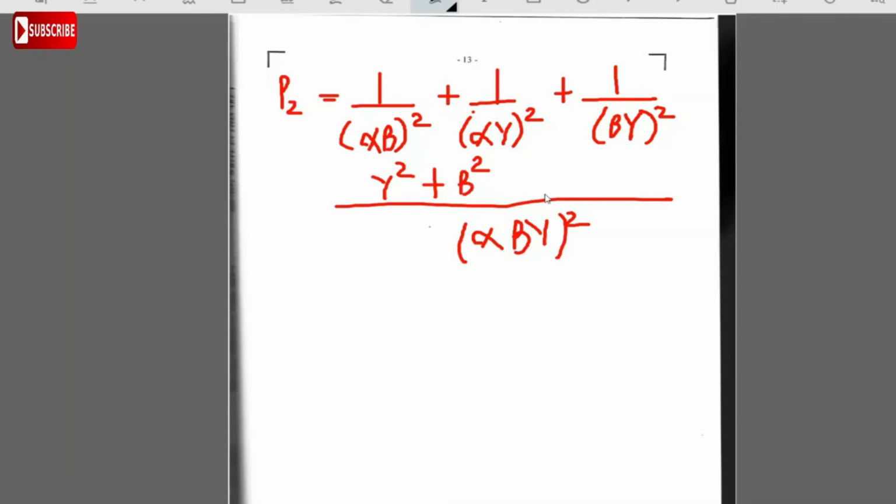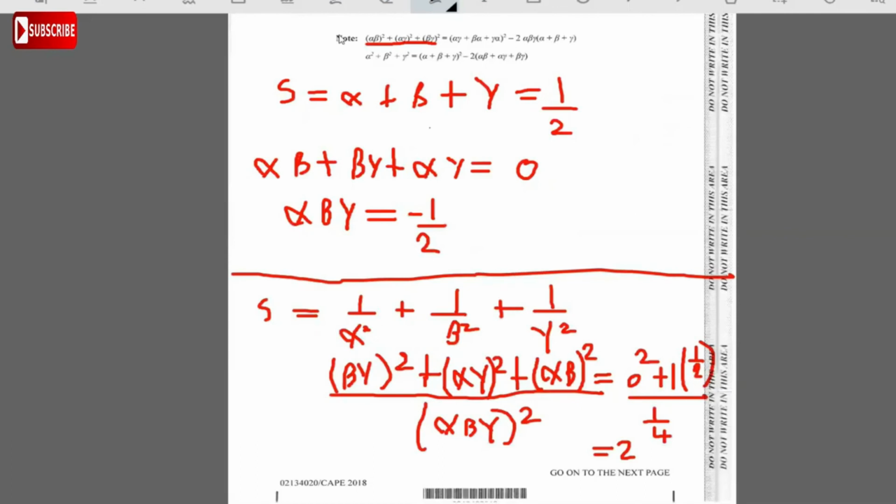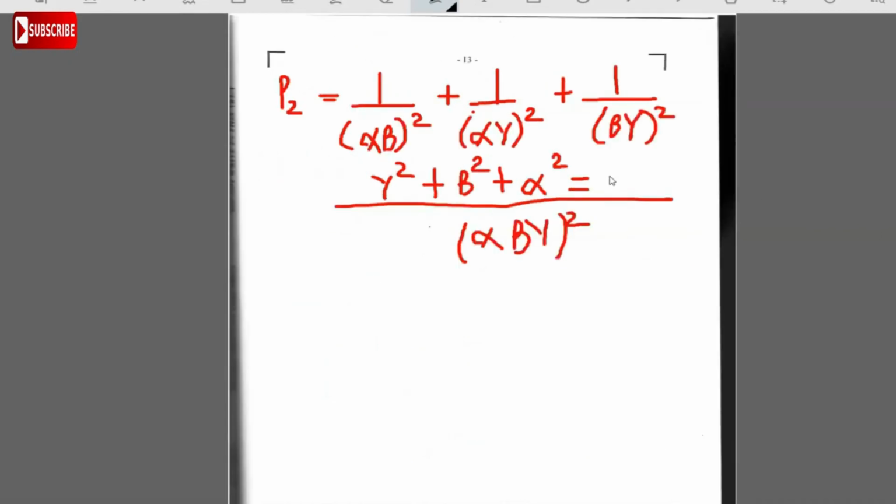So gamma square plus beta square plus alpha square. But what's gamma square plus beta square plus alpha square? They give us a formula that alpha plus beta plus gamma all square, and alpha plus beta plus gamma is a half, so it needs to be a half square.